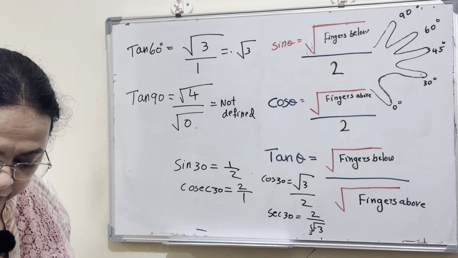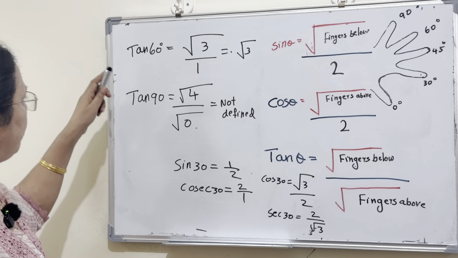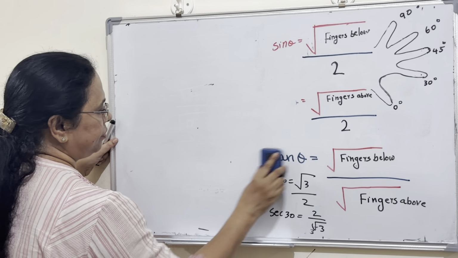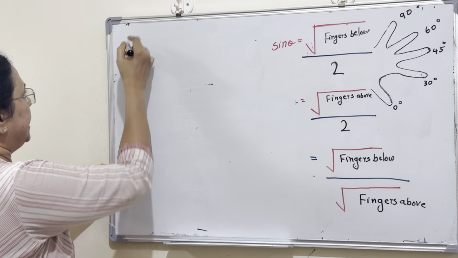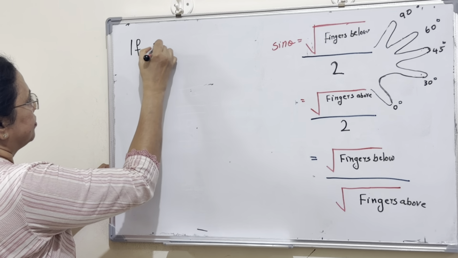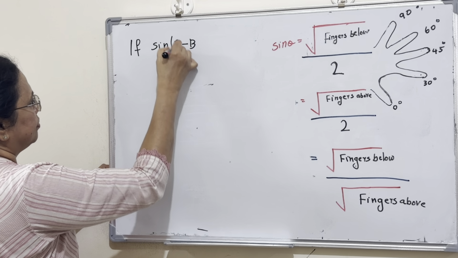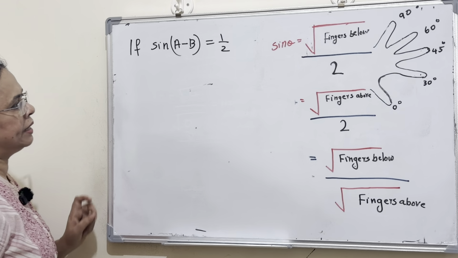See, suppose sin of A minus B is equal to half, that is what they have given.